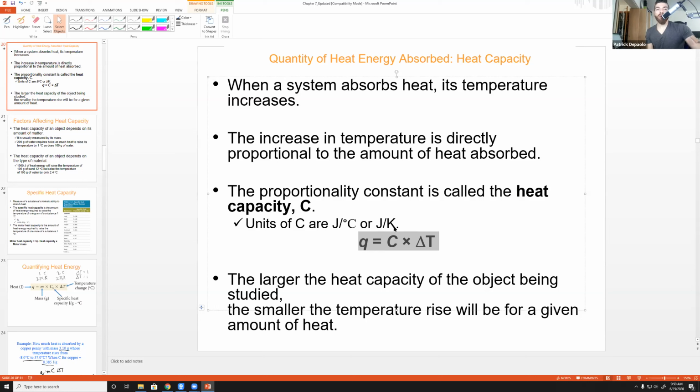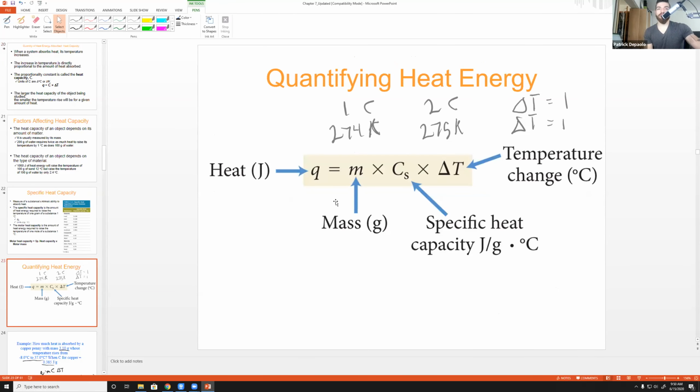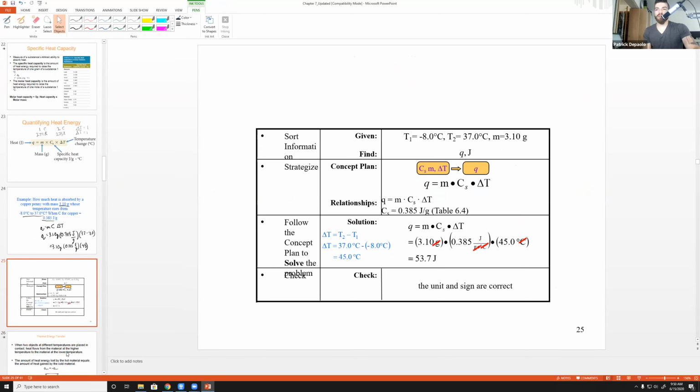To make it more specific, you make this C into a constant per gram, and then you multiply by mass, and you get a modified version of it. So we're going to use this one because we're going to have an object of a mass. And the other one, we were assuming it's 1 gram of substance. So this is the complete equation. So just use this one. All right. Okay, cool.